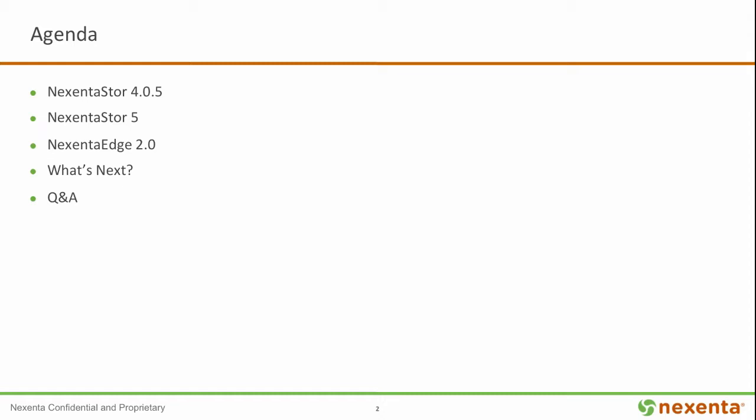Correct. And so we're going to give you a little bit of heads up what's coming later this quarter, towards the end of March. We'll do a little bit more vision and a little bit more around other things coming. Mike's going to give you some great demos of our solutions towards the end of the presentation, and then we'll close with Q&A.